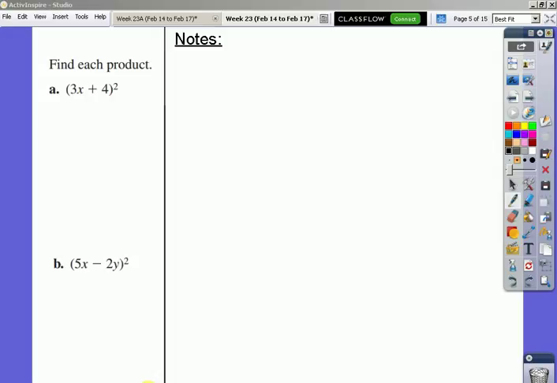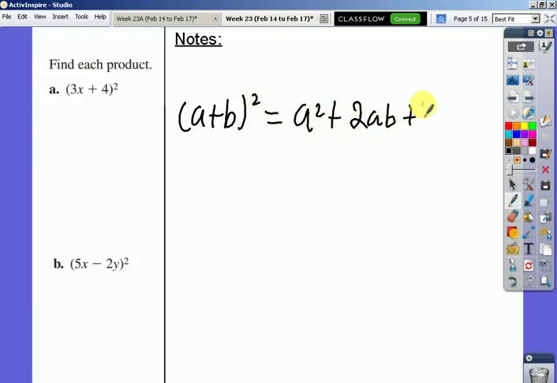So 3x plus 4 squared, according to our last slide, a plus b quantity squared is a squared plus 2ab plus b squared. Therefore, based on that, I know that I take the first term and I square it, so that'll be what? 9x squared. So you both had parts of it.